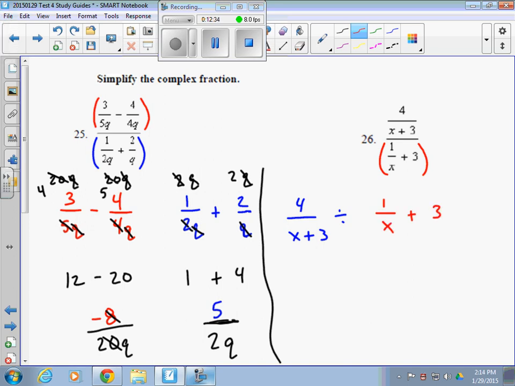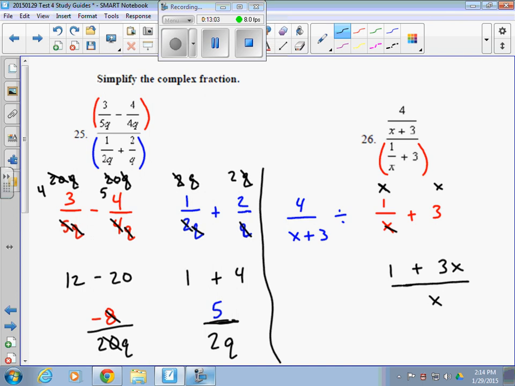Now, in order to add 1 over x plus 3, you have to make sure they have like denominators. So you have to multiply both of them times x. When you do that to this one, it'll cancel out and leave you with 1. When you do it to this one, it's plus 3x. The like denominators, though, all of that is going to be over x.